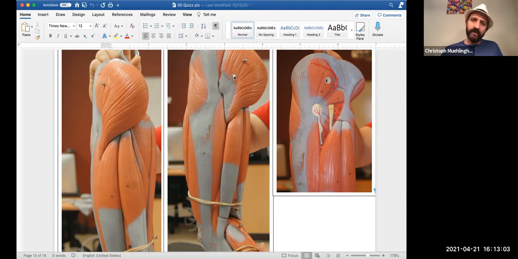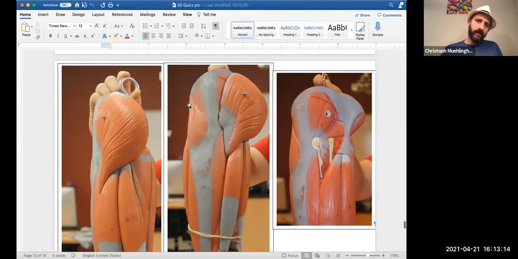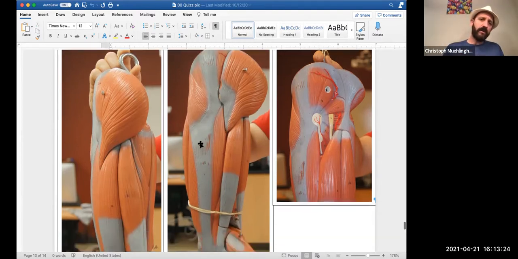The gluteus maximus feeds into the iliotibial tract from the back, and the tensor fascia lata, which is this muscle right in here in the front, feeds into the iliotibial tract in the front. So that's the tensor fascia lata.